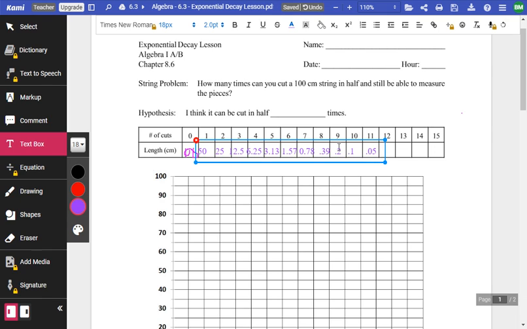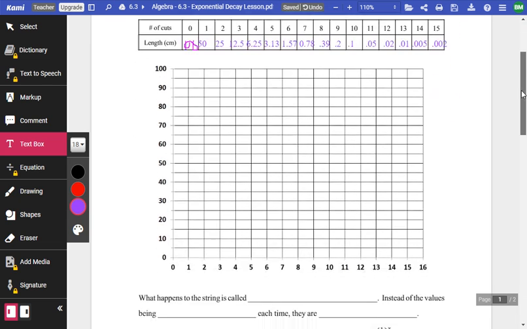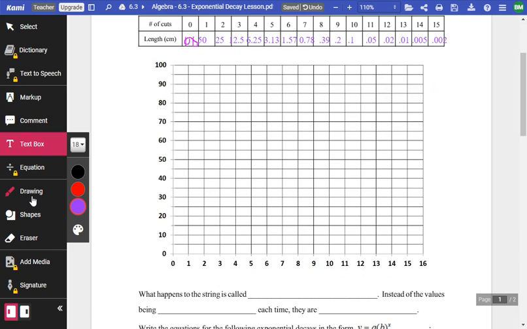At 12, we're at 0.02. Again, I'm rounding. At 13, we're at 0.01. At 14, it's 0.005. And then at 15, I'm at 0.002. Super, super tiny. So we're going to graph this.